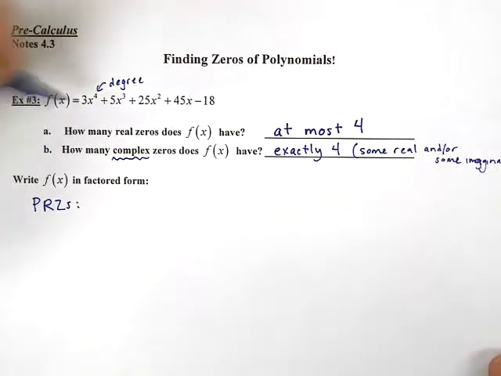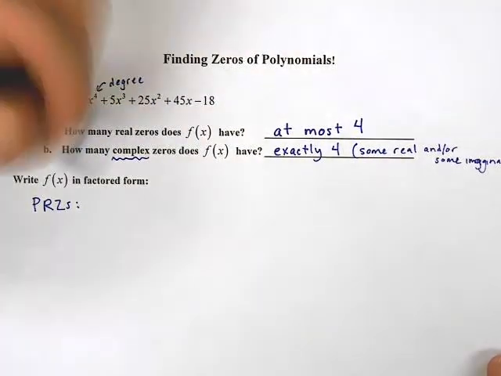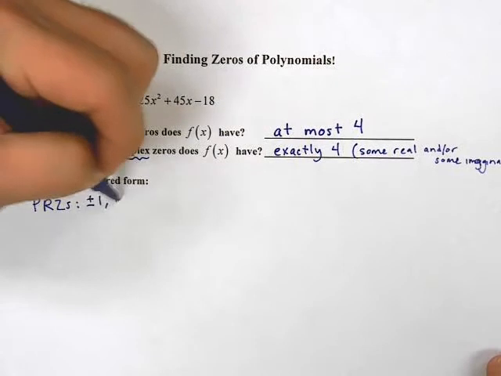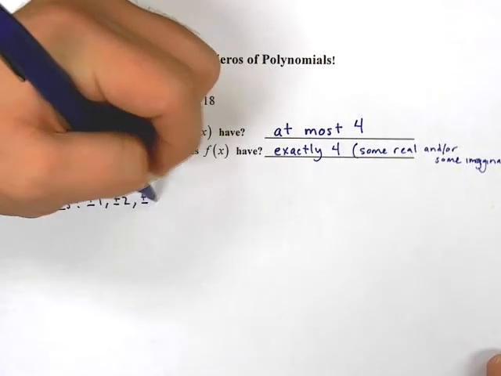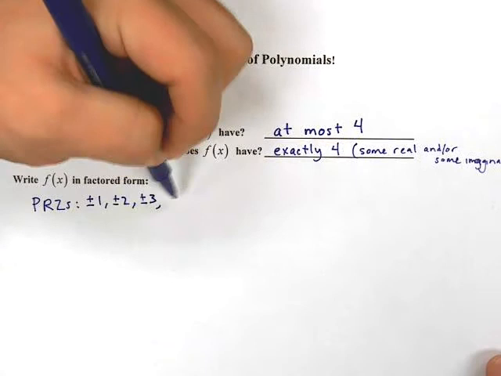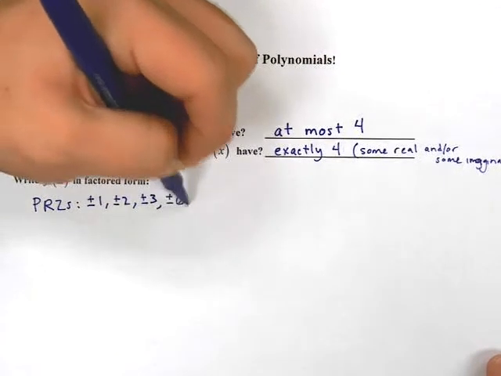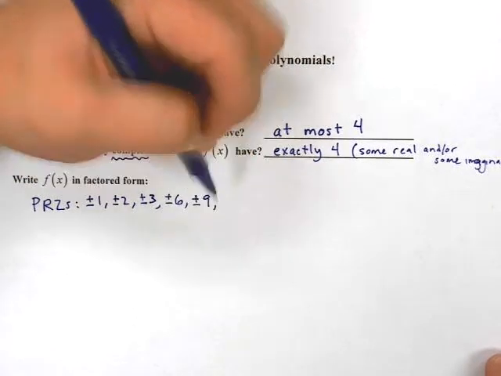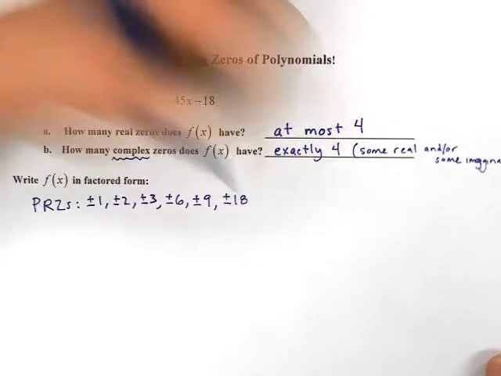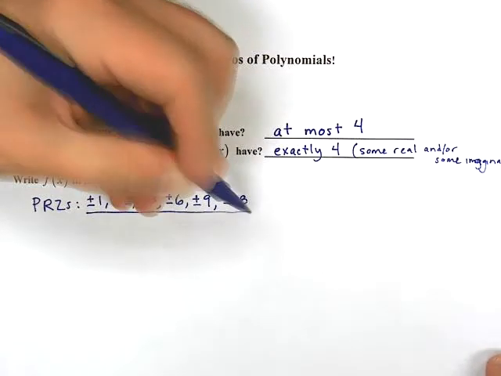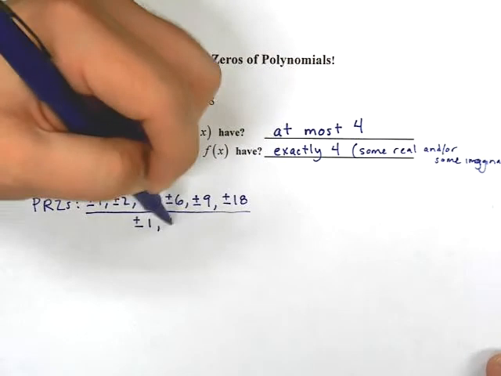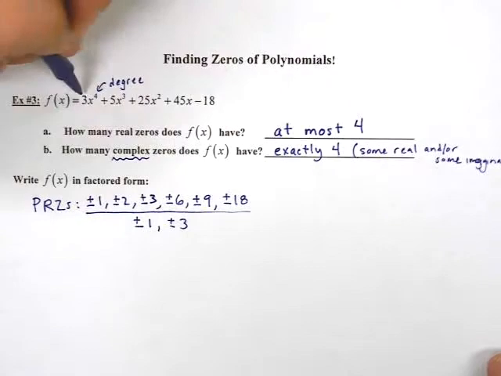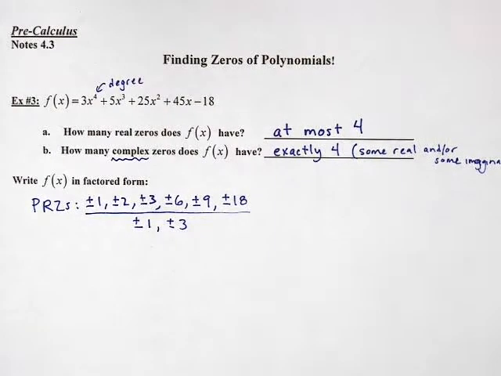Alright, PRZs, look at our constant: plus or minus 1, plus or minus 2, plus or minus 3, no 4, no 5. Okay, so we found the match, so now we're just writing the other matches. But there is a denominator, so we need the plus or minus 1, plus or minus 3, because those are my factors of the leading coefficient.